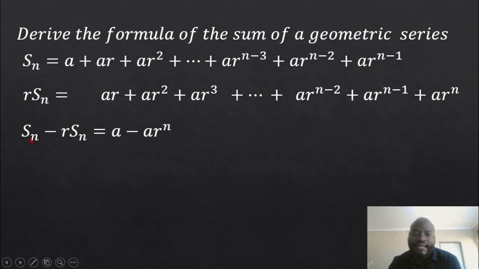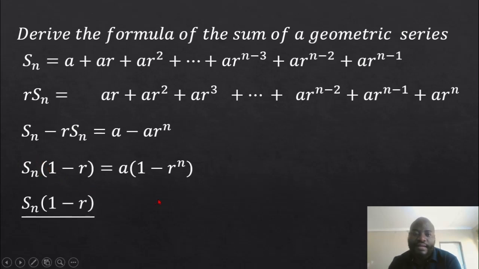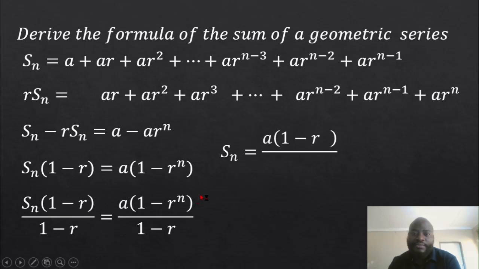This side we have Sn as a common factor, this side we have A as a common factor, so we will get this. Then to remain with Sn, we divide both sides by 1 minus r, and that is the formula that we have been trying to derive. So that is the formula for Sn.